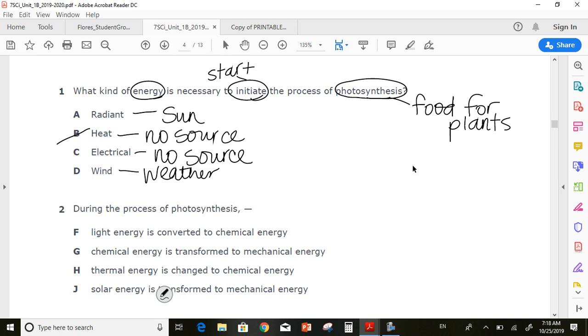Okay, if we remember our equation for photosynthesis, we need to be able to have water plus carbon dioxide. Mix that or put that together in the plant, in the leaf, in the chloroplast with the radiant energy, and that gives us glucose and oxygen.